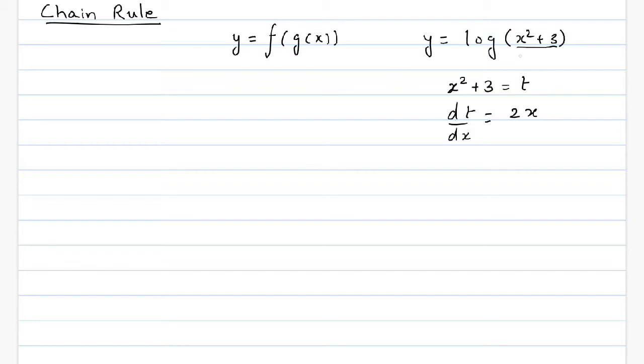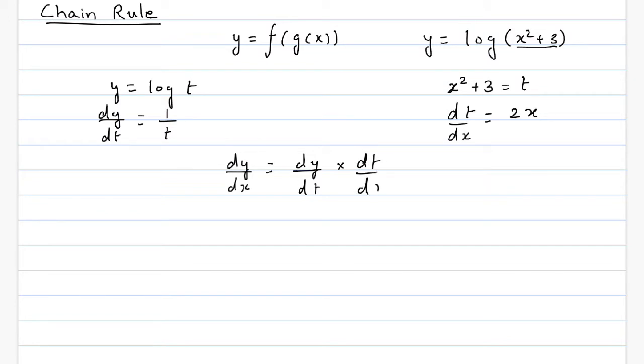Now I can substitute that t in y and I can say my y is equal to log of t. We can differentiate this y with respect to t. I can say my dy by dt becomes 1 by t. And if I need to find dy by dx, we can say it is dy by dt into dt by dx.